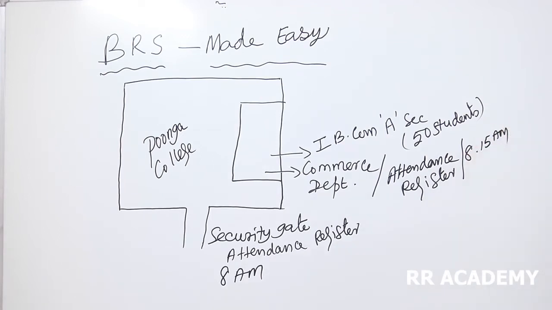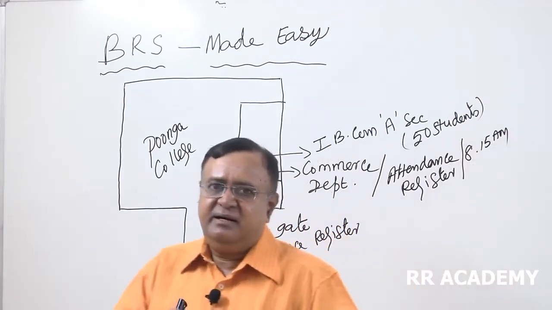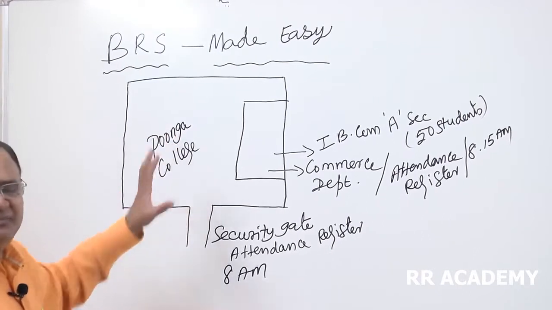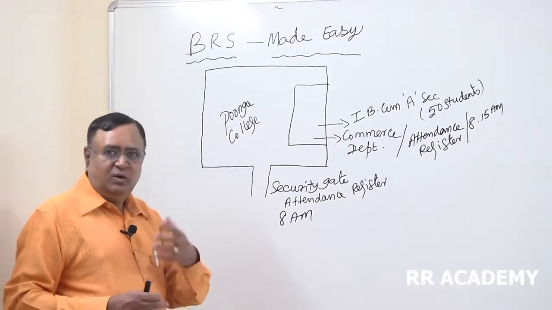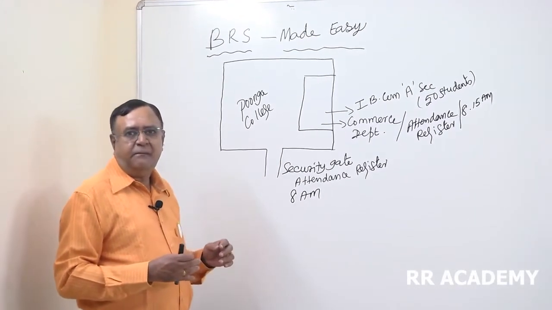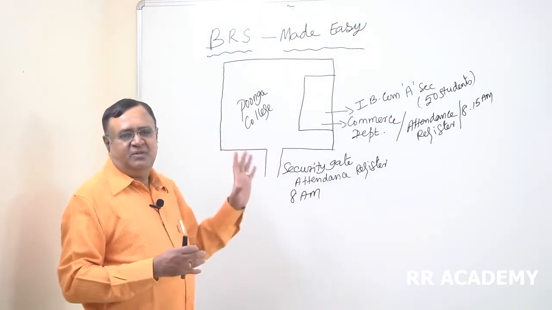BRS made easy. Friends, now let us take it in a sportive manner. So there is a college. You all will be attending a college. Now, Punga College, name of the college.